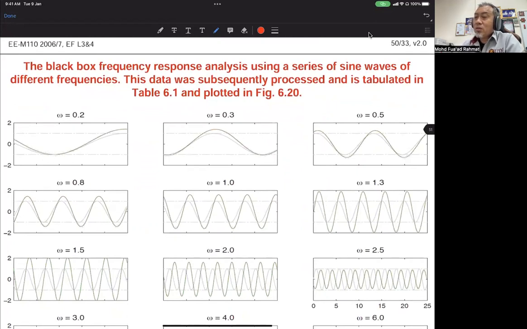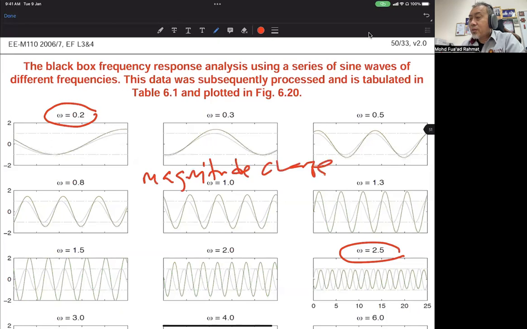At low frequency, okay, this is at low frequency and this is at high frequency. You can see that at high frequency, the magnitude of the input and output change. Okay, magnitude change between input and output.